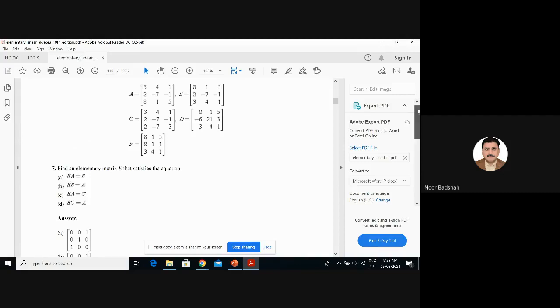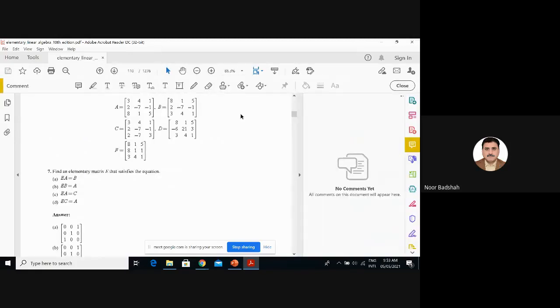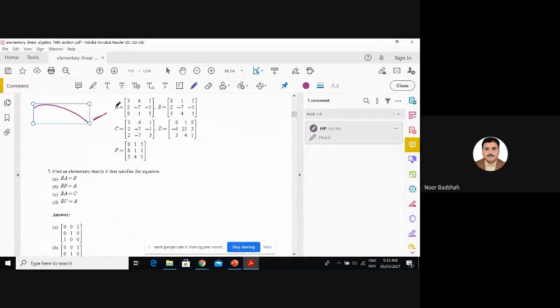Let me introduce some commands so that you can write. How do we get this matrix from this one? Sorry, this from this. The first row is the same, the second is the same. There is a difference in the third row.